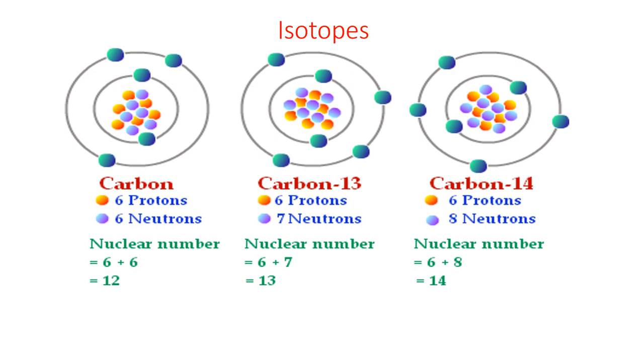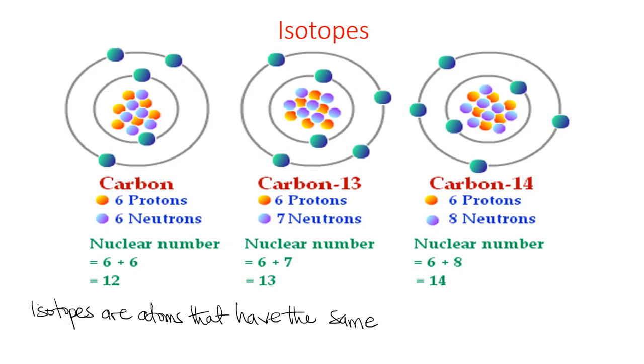I will say that isotopes are atoms that have the same atomic number but different mass numbers.